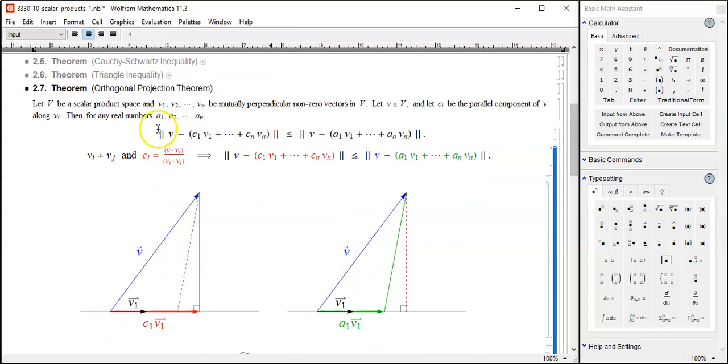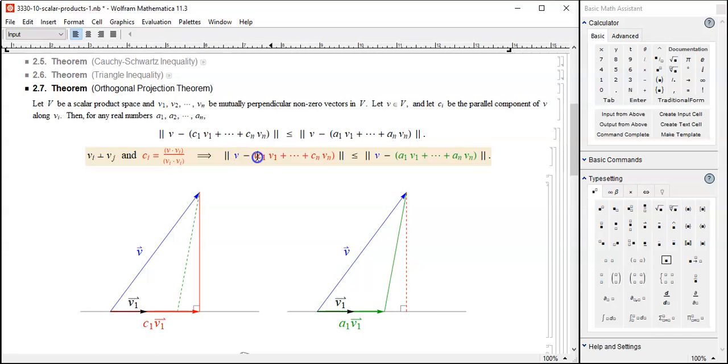So vector v is an arbitrary vector, and c1 v1, c2 v2, all this linear combination, is actually a parallel component. And v minus that parallel component will give me the orthogonal component. So this is vertical, and the length of this vertical is this norm.